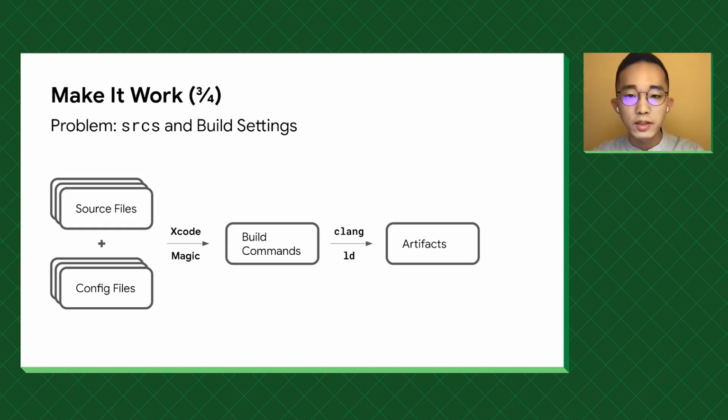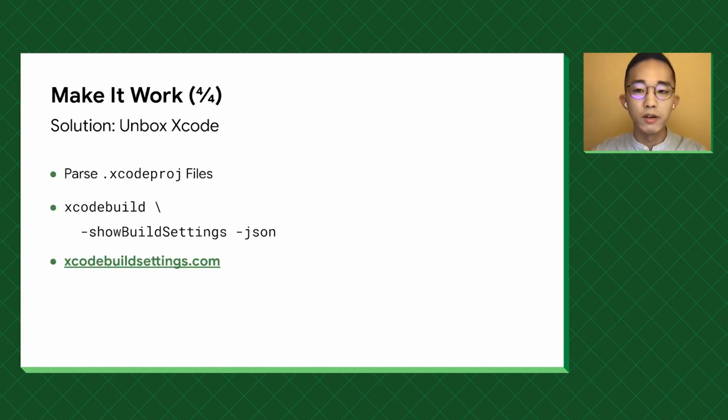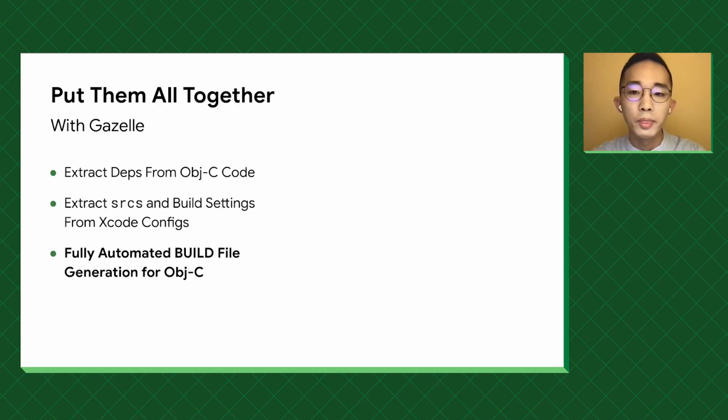After realizing we can't counter the Xcode spell, we settled on the approach of finding the source files for a target from the Xcode project files, and using xcodebuild, which is part of the Xcode toolchain, to figure out build settings inheritance, and eventually use xcodebuildsettings.com to translate those build settings to clang and LD flags. Now we have all the necessary bits to generate a build file.